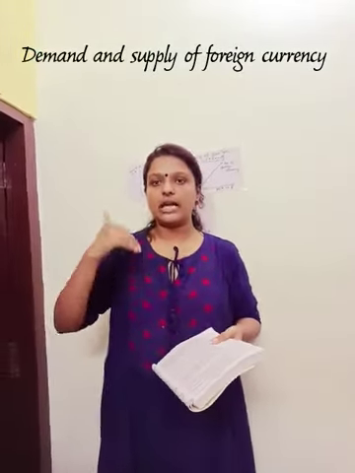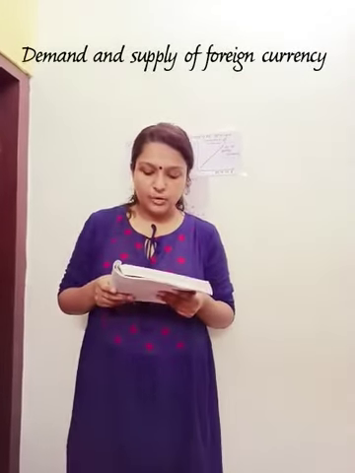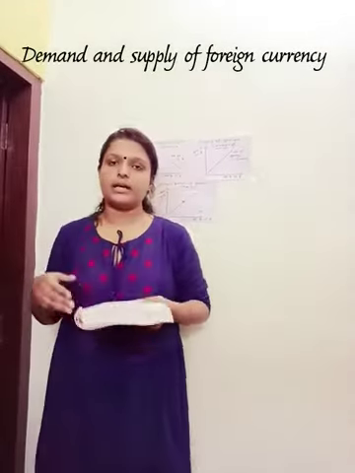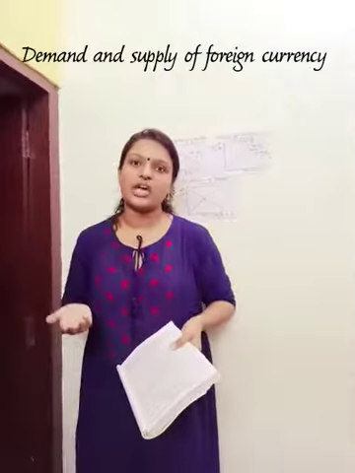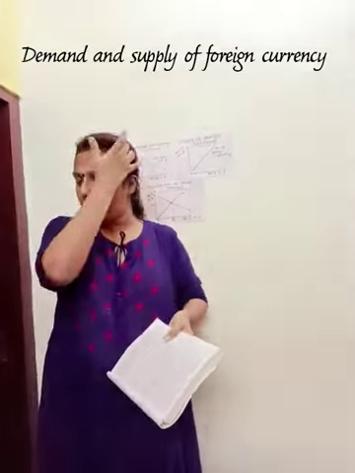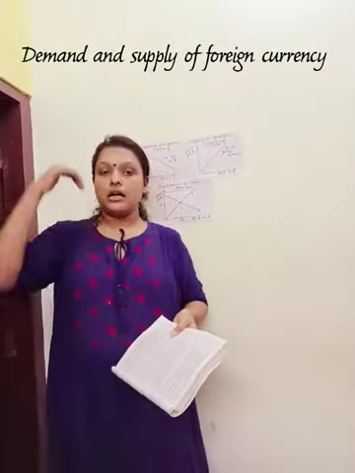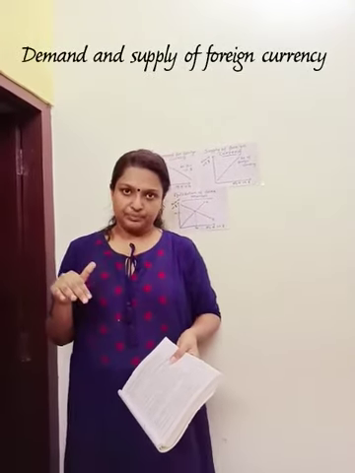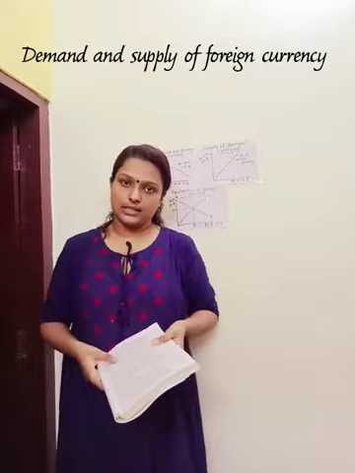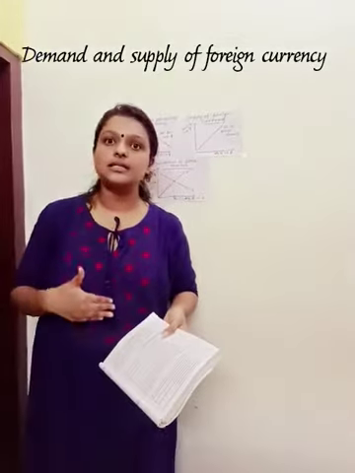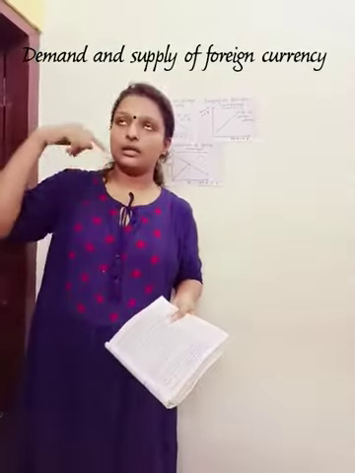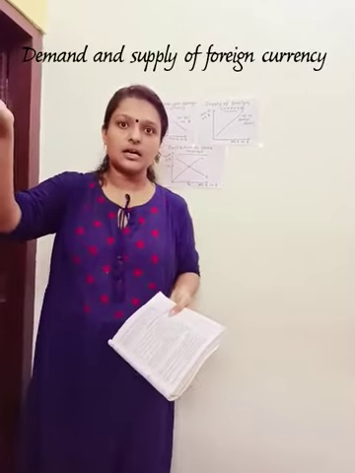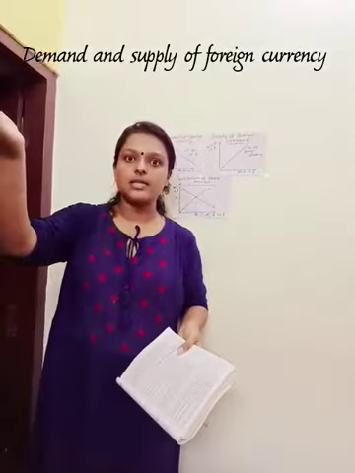So then also they need our currency. Then for income, profits, dividend, for buying financial assets, for buying shares, for repaying the loans, all such things, a person abroad needs our currency. So that is supply of foreign currency. So for them, our currency is foreign currency, right? So for us, US dollar is foreign currency, or other countries' currency is foreign currency.